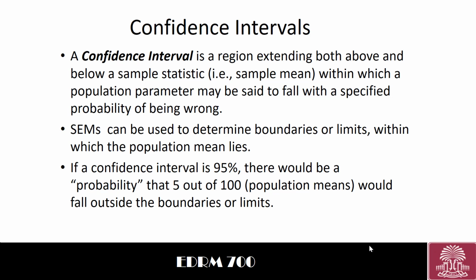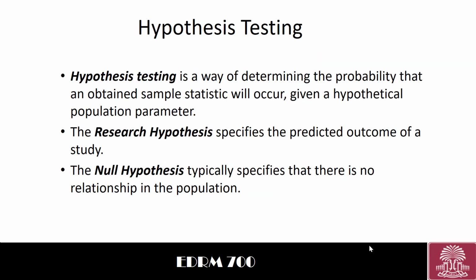Normally, researchers report 95% confidence interval, which is connected with the two standard error boundaries. It indicates a probability that 5 out of 100 population means would fall outside of the boundaries. Again, we will not cover how to calculate the confidence interval. You only need to understand the concept.